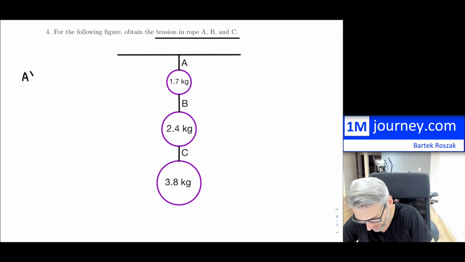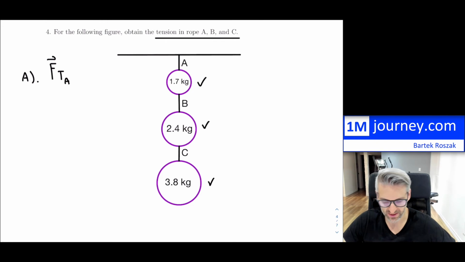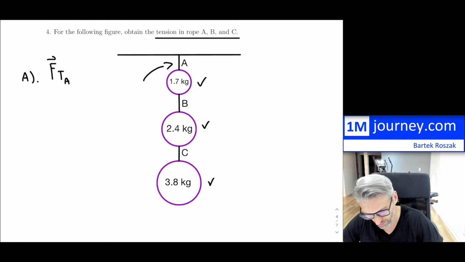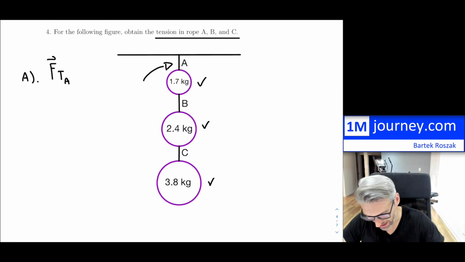So for the tension in rope A, this is going to be the force of tension in A. So that particular force, you're going to be grouping these 3 together, because this rope right there has to withstand the mass of all of the other ropes, or in that case, their weight. So you're going to have to combine them.